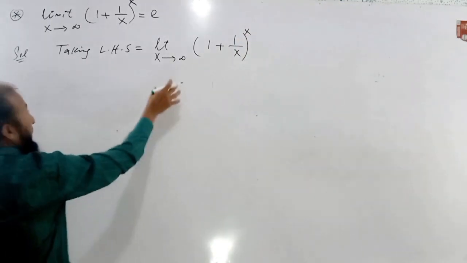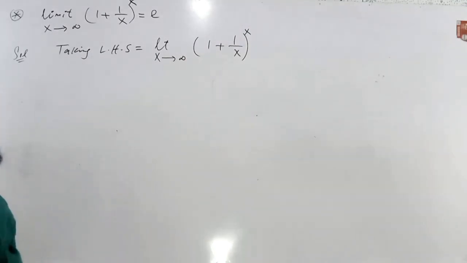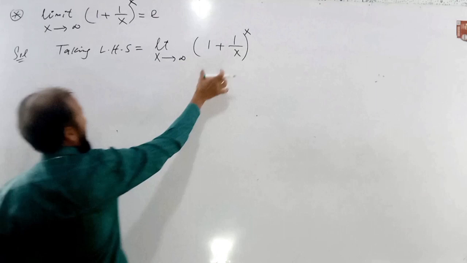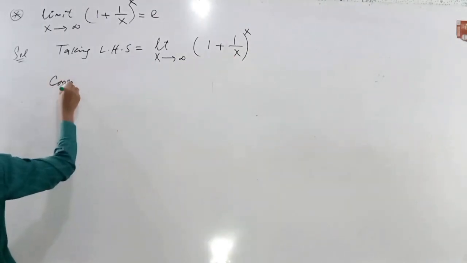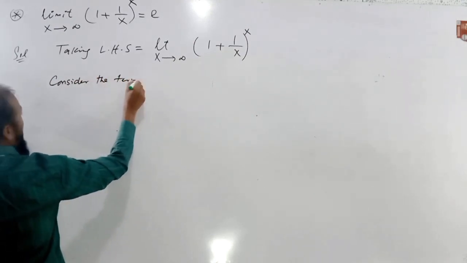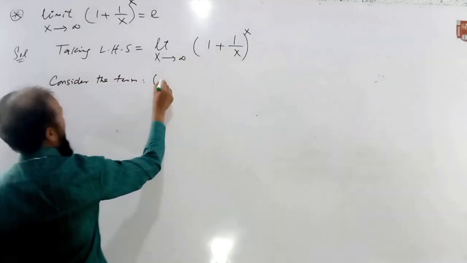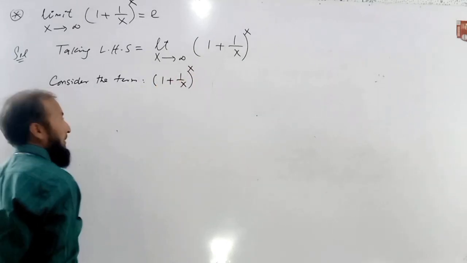If we directly put the limit, the result is not giving e. It means we consider the term (1 plus 1 over x) whole power x.